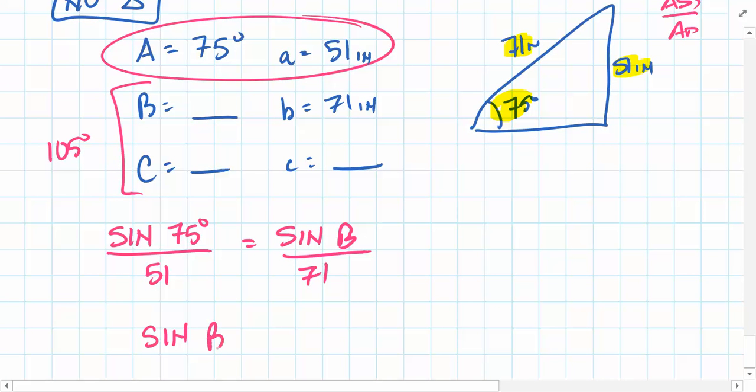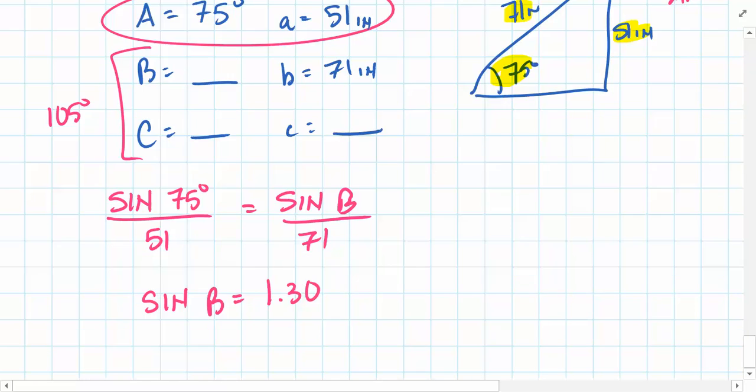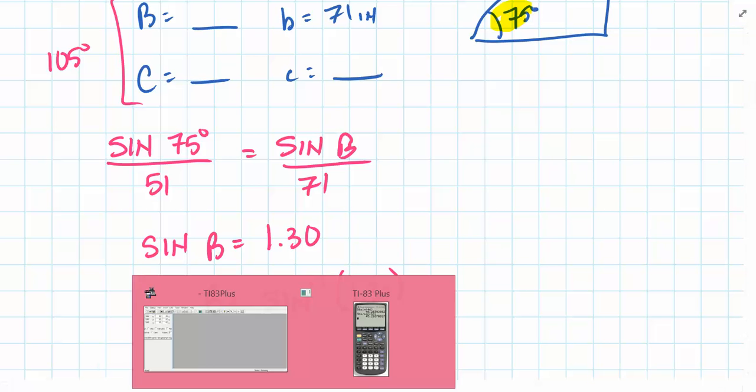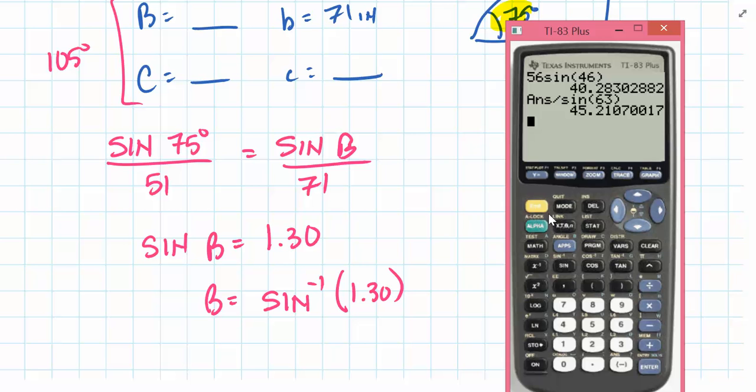Therefore, the sine of B, once you actually calculate it out, becomes 1.30 when you do that math. So B is equal to the inverse sine of 1.30. So let's punch in our calculator the inverse sine of 1.30.